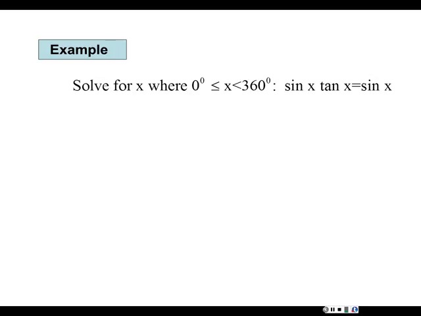Tangent x equals 1. From there we know that x is either 45 degrees, or since it may be in the third quadrant as well, because x is restricted by 360, we can still take the third quadrant, which will be pi plus pi by 4, that means 5 pi by 4. So we have all 4 possible answers: x will be 0, x will be pi, x will be pi by 4, x will be 5 pi by 4.